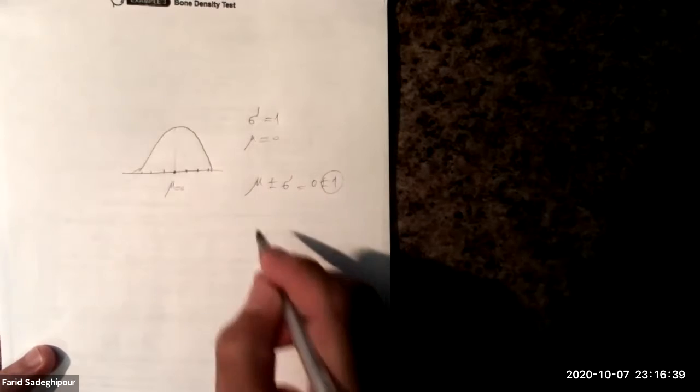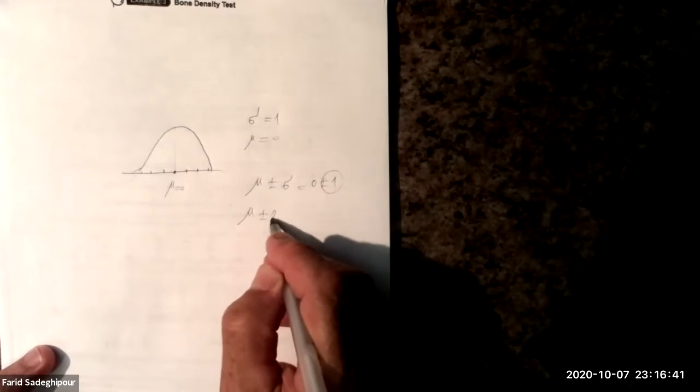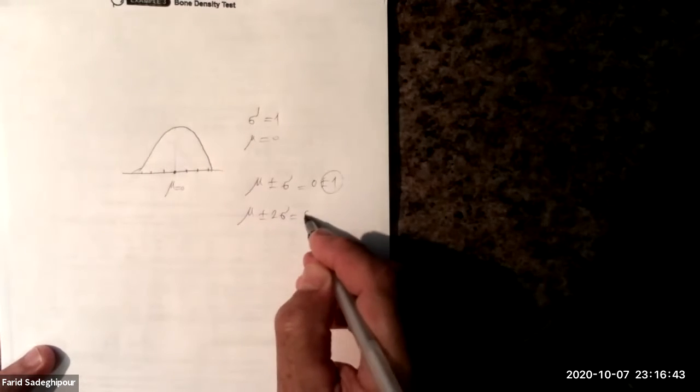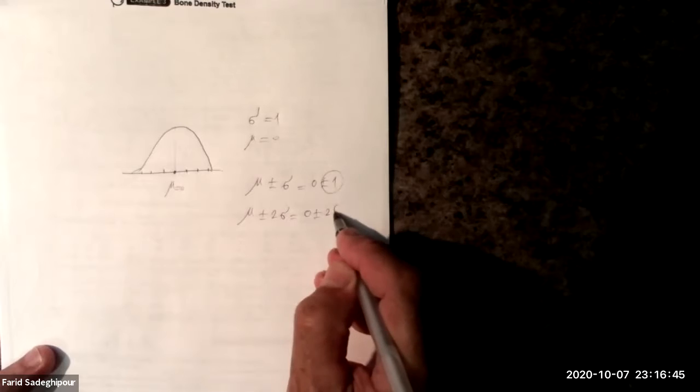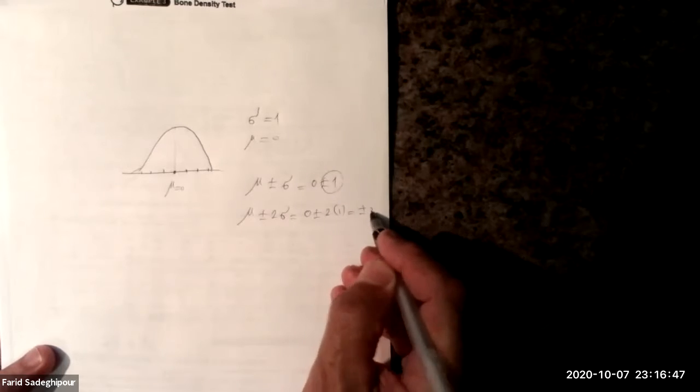What is mean plus or minus 2 standard deviations? Mean is 0 plus or minus 2 times 1, right? So it's plus or minus 2. And mean plus or minus 3 standard deviations is plus or minus 3. So on the standard curve, 1 is here, 2 is here, and 3 is there. Minus 1, minus 2, and minus 3.